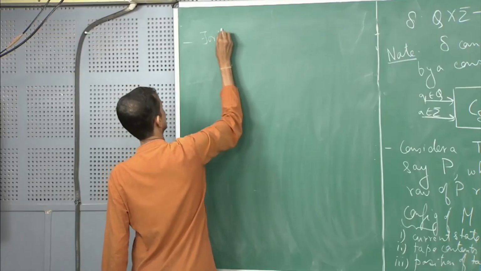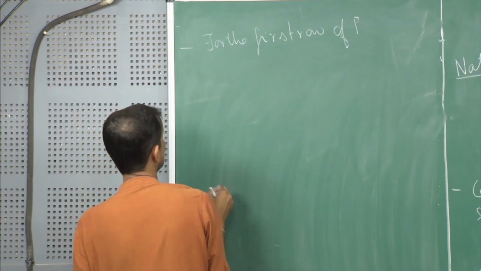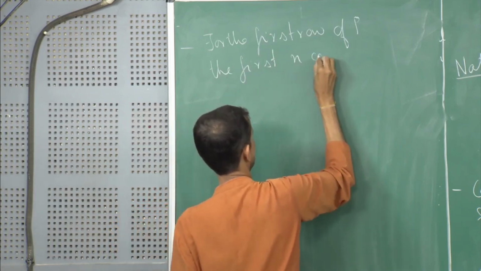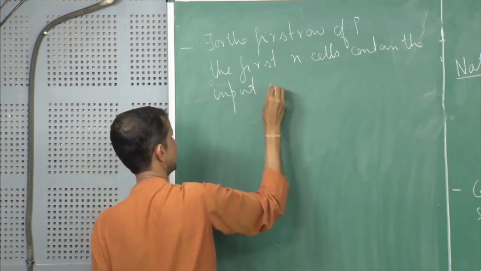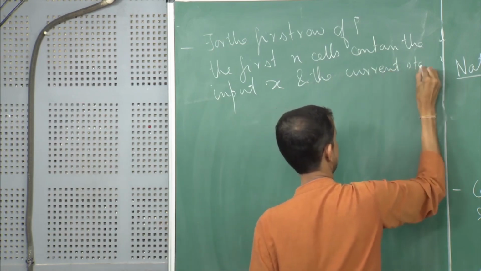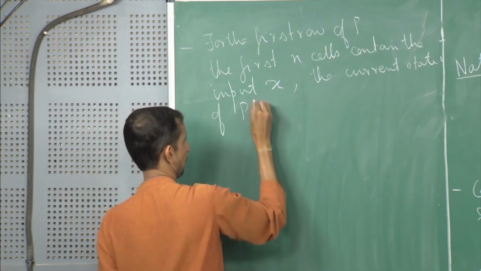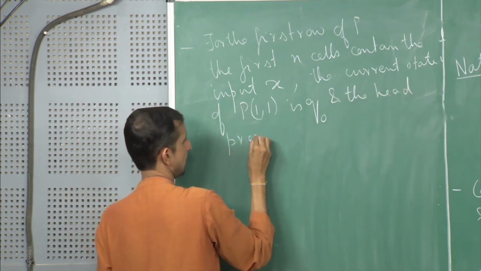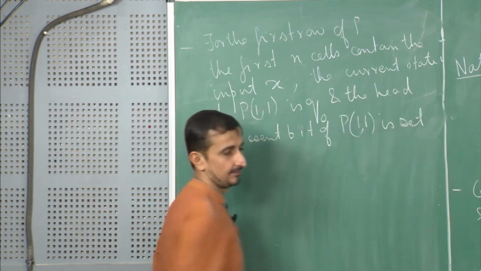So, for the first row of P, the first n cells contain the input x and the current state of P11 is Q0 and the head present bit of again P1 comma 1 is set, everything else is set to false.